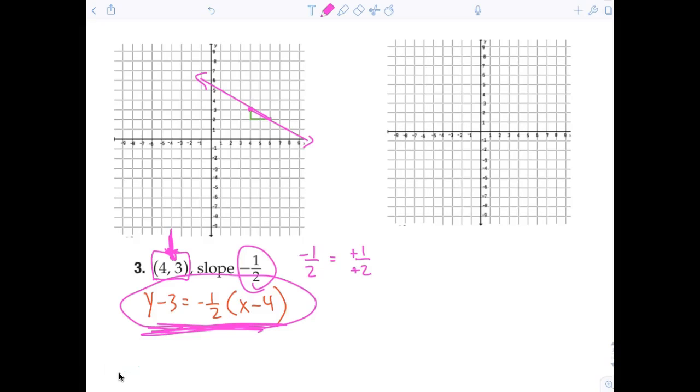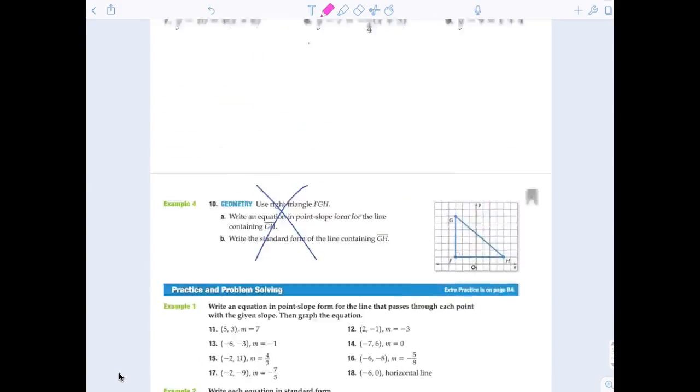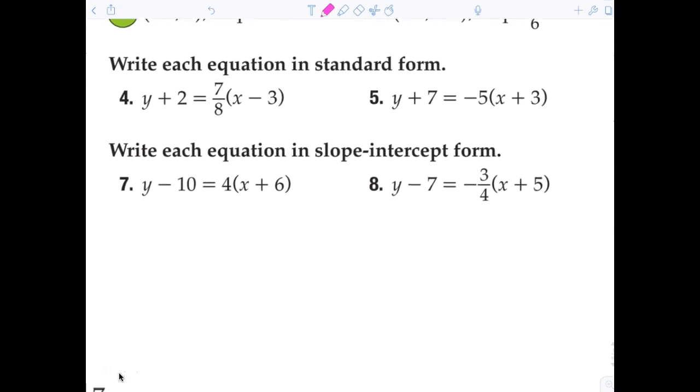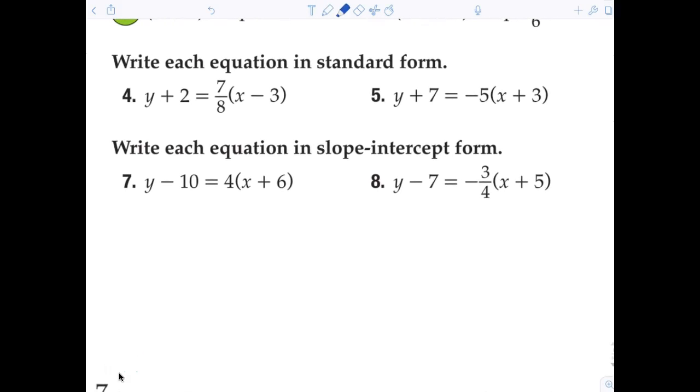Now, let's go back up and let's talk about the next set of problems. It says here, today's the new lesson. Write the equation in standard form. So the first day we had y equals mx plus b, which is called slope-intercept. Then we had y minus y1 equals m times x minus x1, which is called point slope.